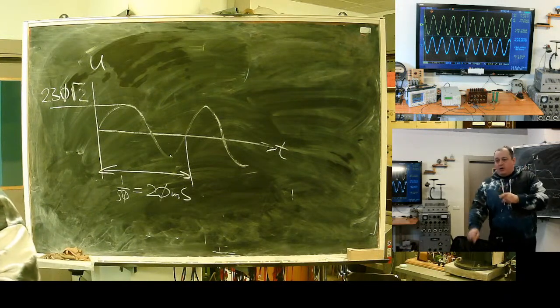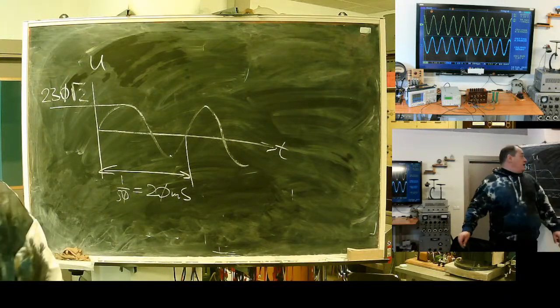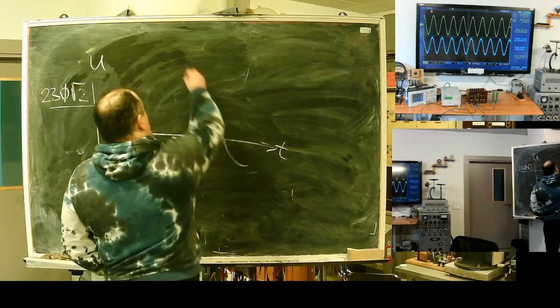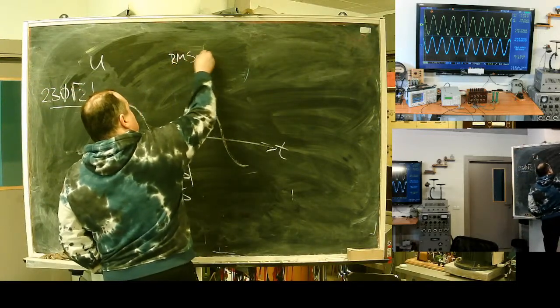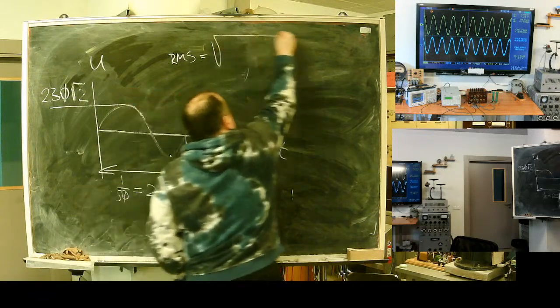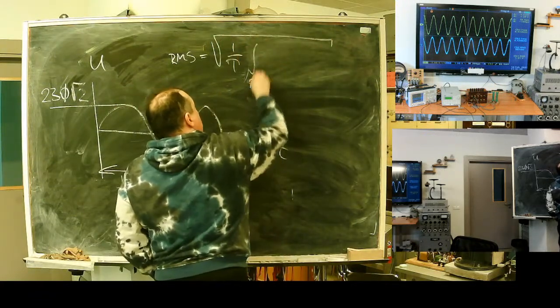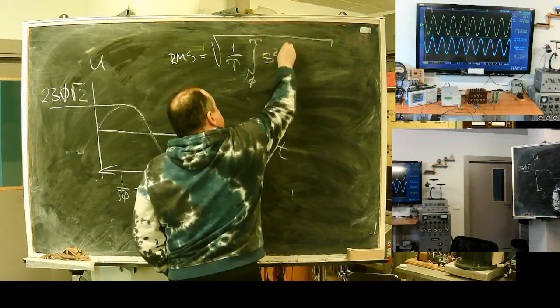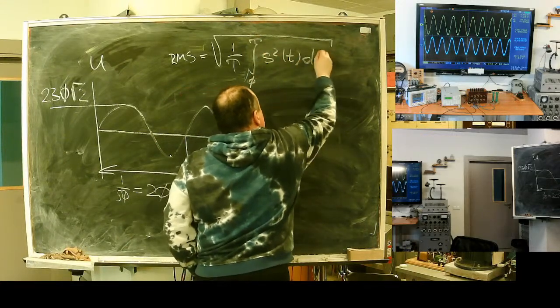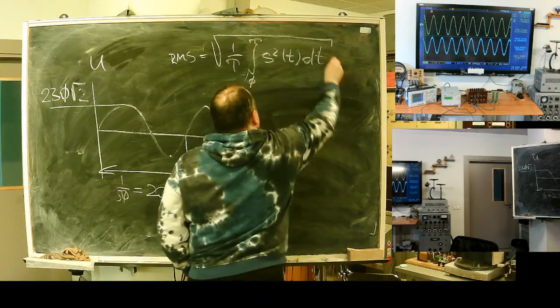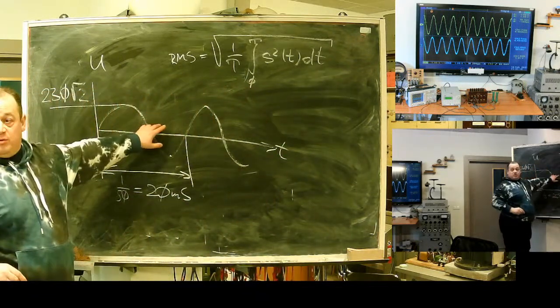For ideal sine or cosine, effective value, really RMS, is the square root of the mean over the period of the signal squared. Why? For ideal, I see something like this.